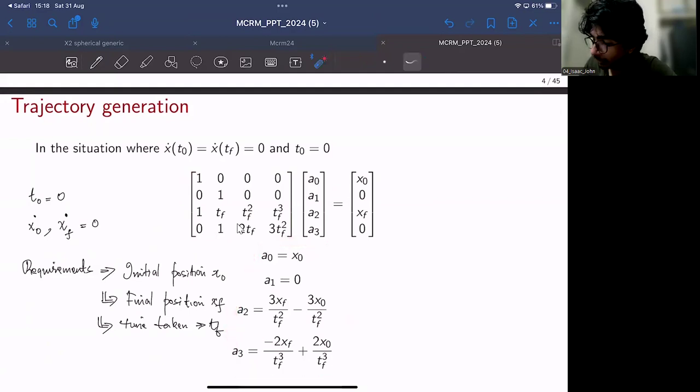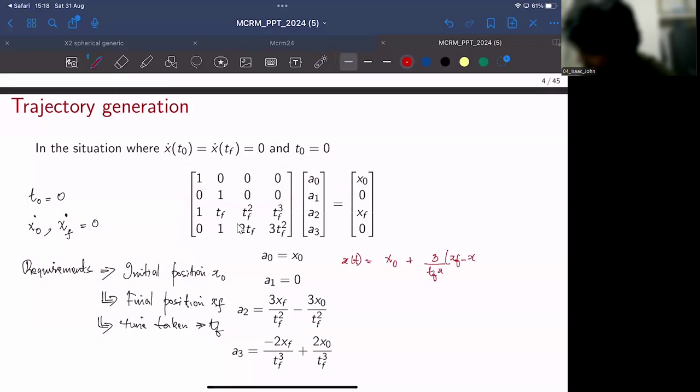Right? So if you write that equation for the trajectory in terms of the desired variables, it will be something like x of t would be x0 plus 3 multiplied by xf minus x0 t square over tf square, minus 2 by tf cube, xf minus x0 t cube.